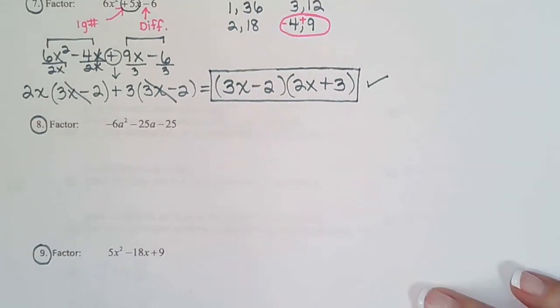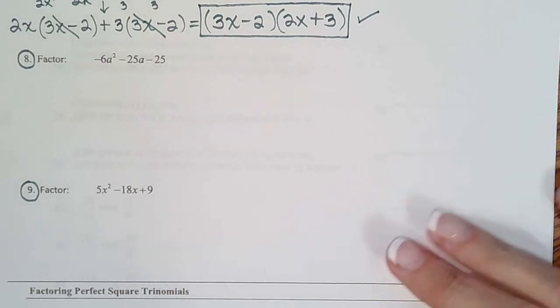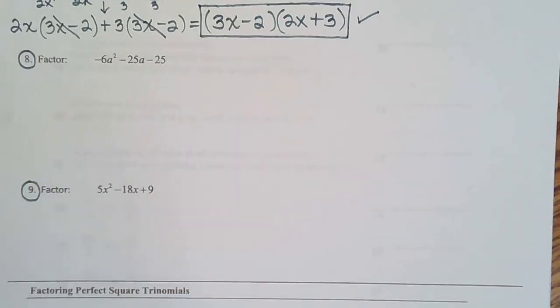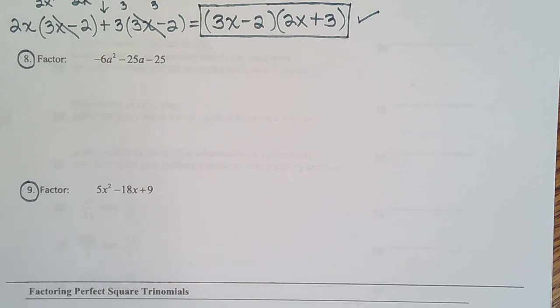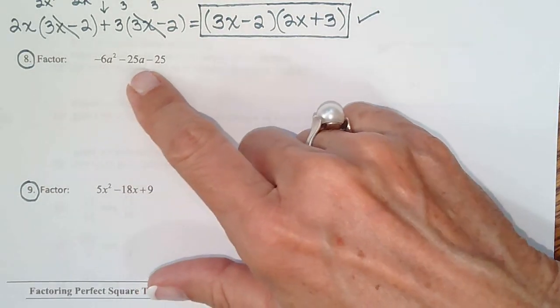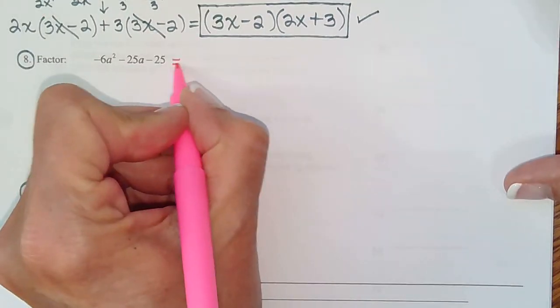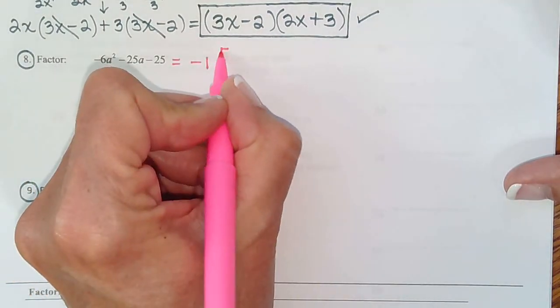Okay, let's try another one. So on number 8, I'm hoping the first thing you noticed is, oh, I can't have a negative out in front. So I need to look for a GCF. Is there anything common besides -1? No. So I pull that -1 out in front.